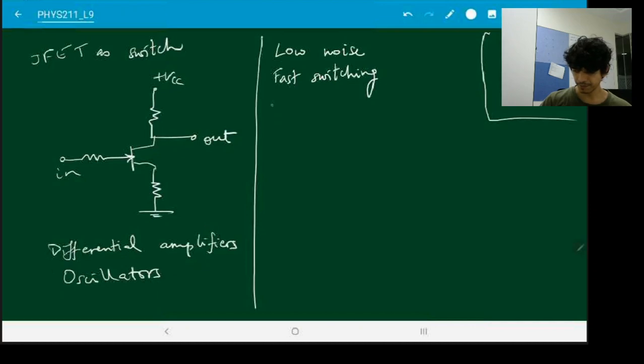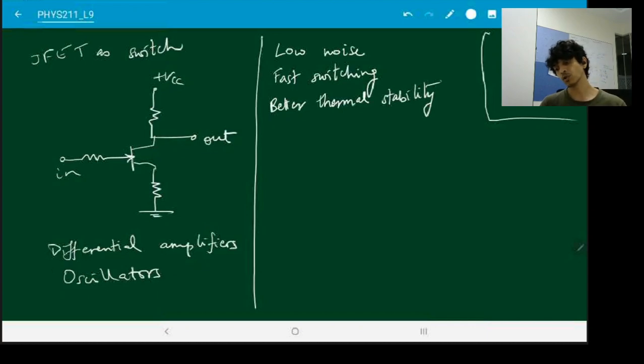FETs have better thermal stability, meaning you're not restricted to be working at or around room temperature. You can vary the temperature and you will still be able to use the FET without changing its internal properties too much.